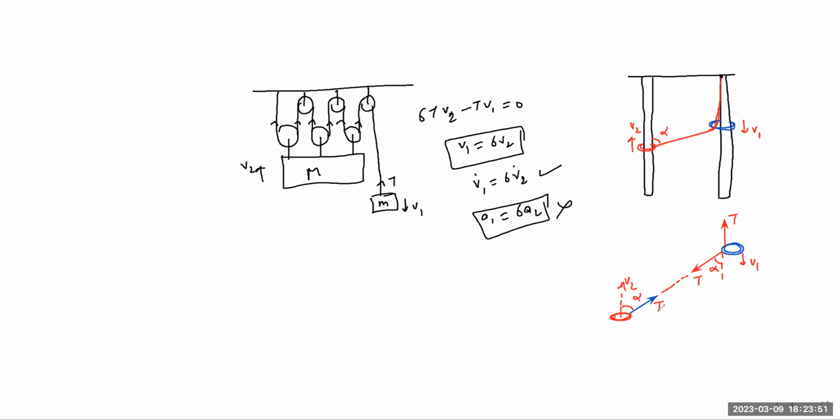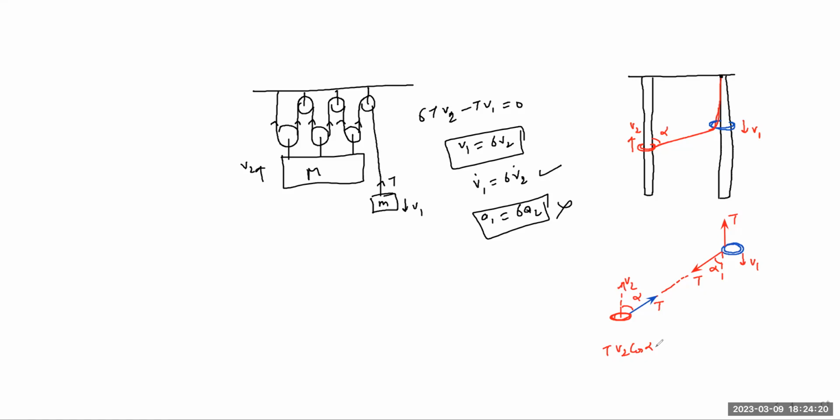So what is the work done by tension on the red ring for the small time interval dt? You know how to write work done, right? Force in the direction of displacement into displacement. So what is the line here? T v2 cos alpha dt. dt I'm ignoring because I know it will cancel out.